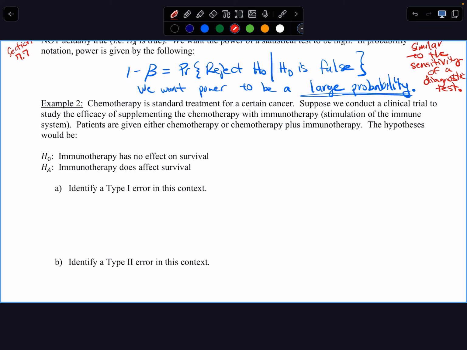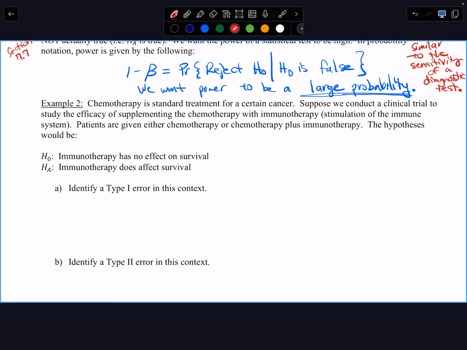Now, in this study, we have these two hypotheses. They're not written in terms of mu1 and mu2, but when we've been writing our hypotheses, we've also written them in this way. The null hypothesis here is that immunotherapy has no effect on survival.